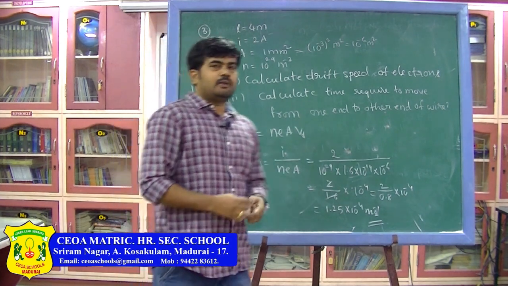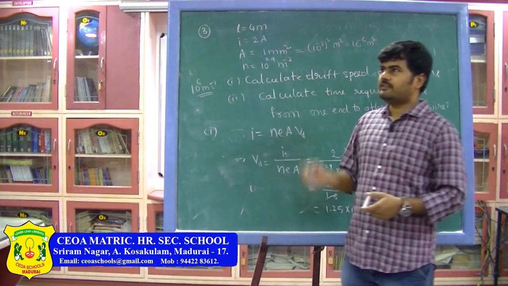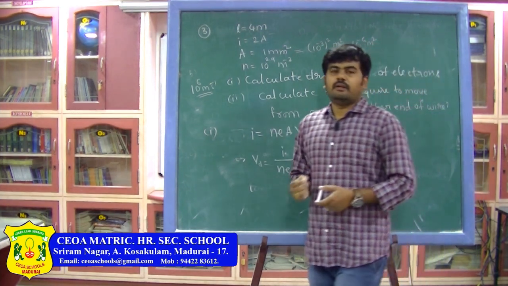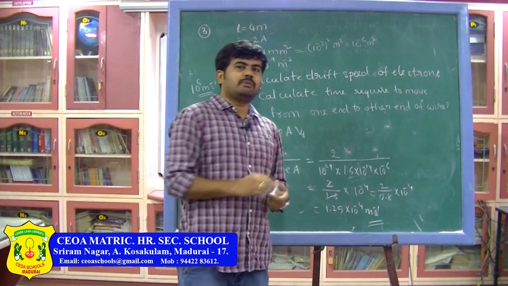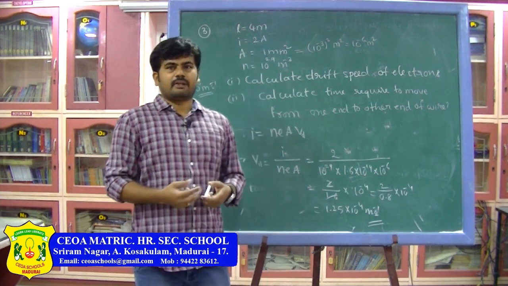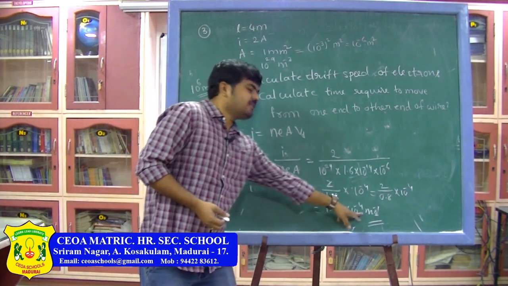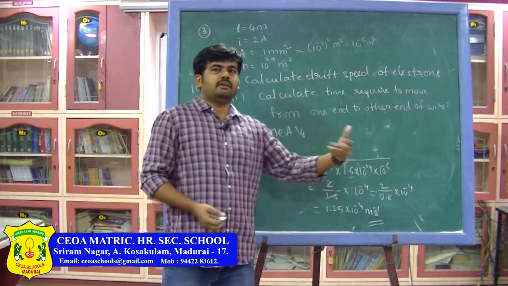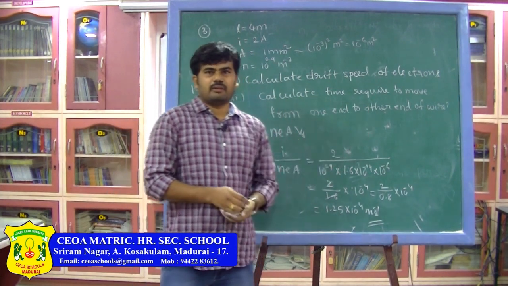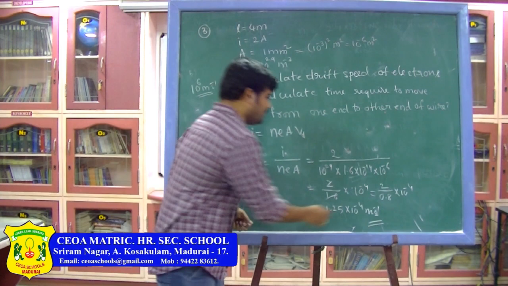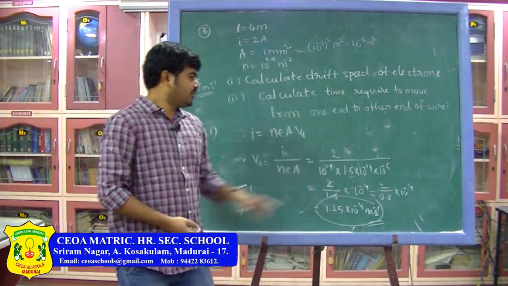But the question here is, even though the drift speed is very small, how do electrical appliances respond immediately when you supply electric current, like when you switch on the bulb, it immediately starts working? Even though the electrons are moving very slowly, how does it work so fast? What is the reason behind that? Now, let me explain that.